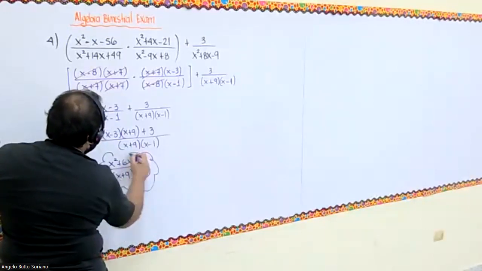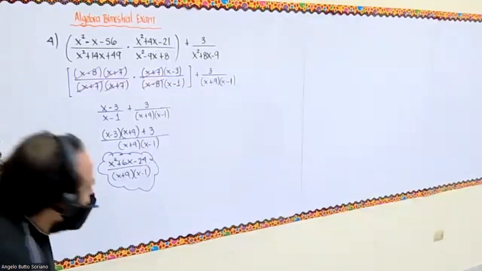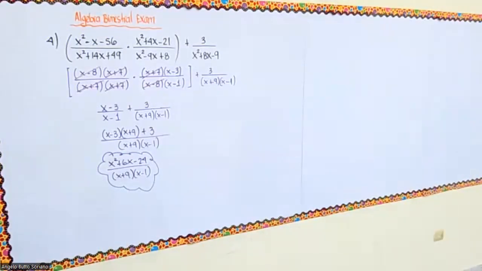And this is going to be the solution set of problem number 4, at least in part number 3. Or if you wish, you can divide x squared plus 6x minus 24 by x squared plus 8x minus 9. Okay, it doesn't matter. That way, you can get the answer. This is going to be the same.